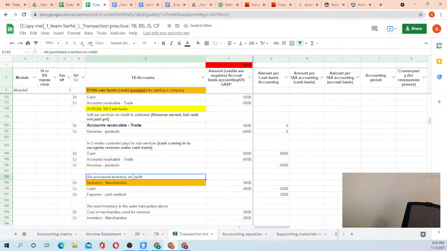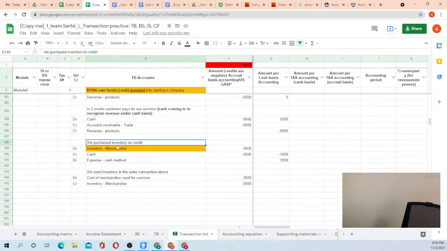We purchased inventory on credit. So in that situation, sorry, I made a big mistake here. So we purchase inventory on credit. That changes everything. So that should have been trade payables.